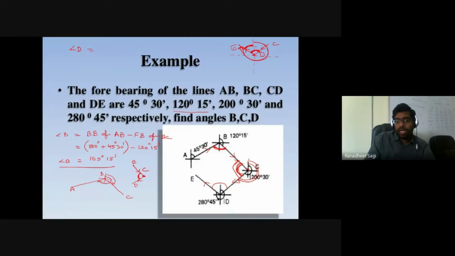One complete revolution is 360 degrees, so if I subtract the forebearing of the line DE from 360 degrees, I get this portion of the angle, let's say theta1. The back bearing of the line CD is something I can calculate, and that is theta2. So theta1 plus theta2 gives the included angle at point D.